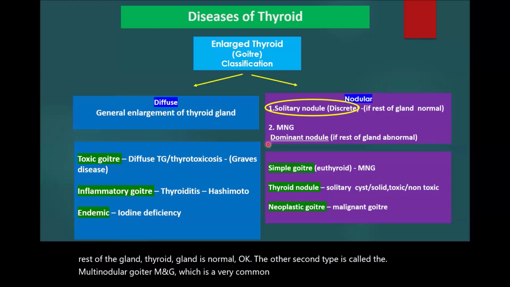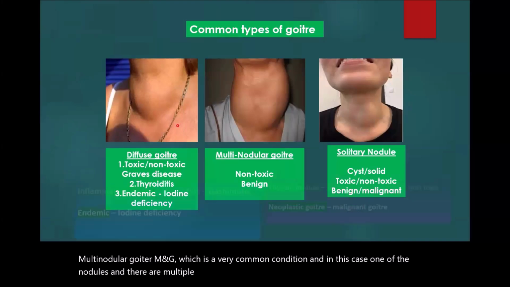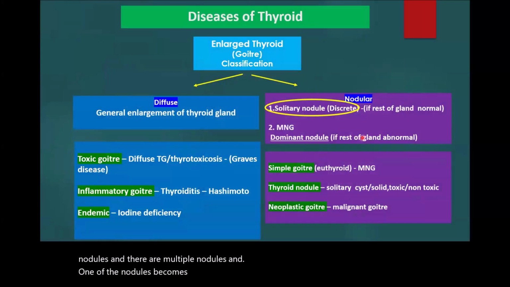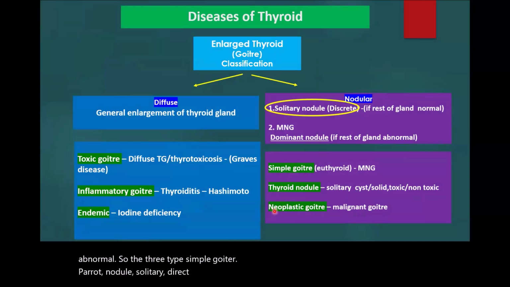In this case, there are multiple nodules, and one of the nodules becomes more prominent. The rest of the gland is also enlarged, is abnormal. So there are 3 types of single nodules: simple goiter, solitary thyroid nodule, and neoplastic nodule.